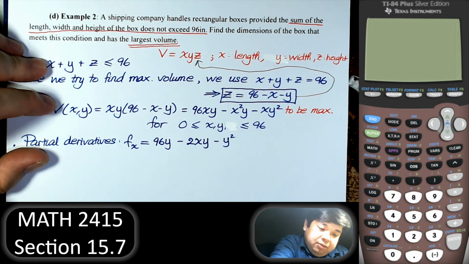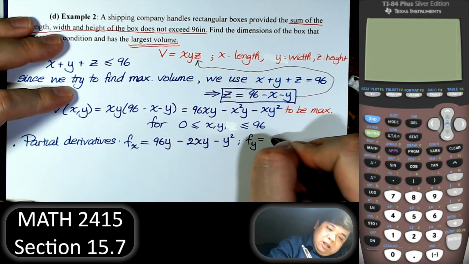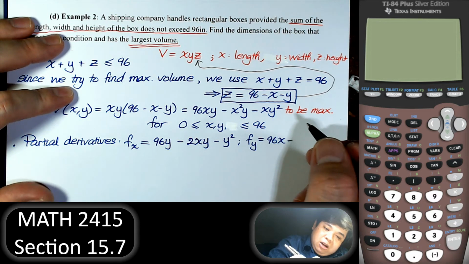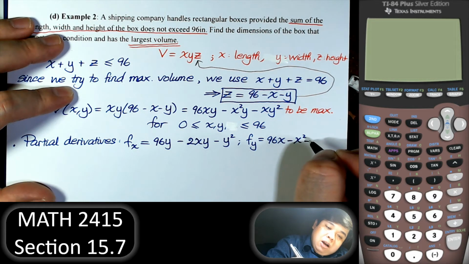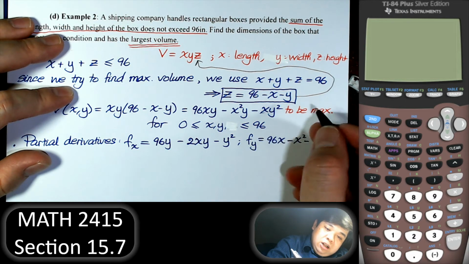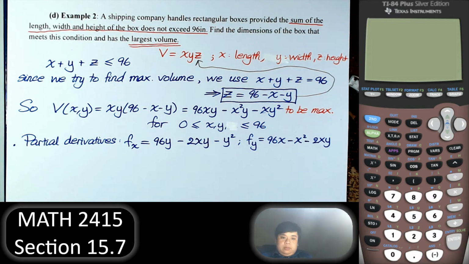And the derivative with respect to y is 96x minus x squared minus 2xy.